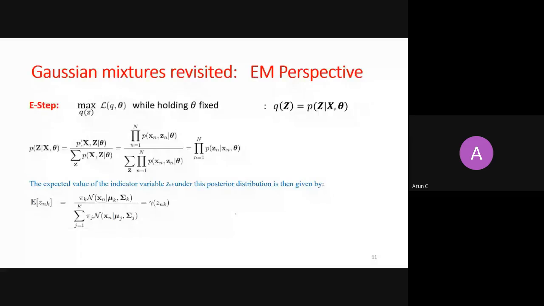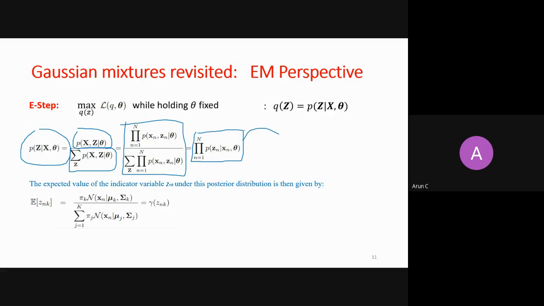What happened? You calculated your posterior probability, right? How did you calculate it? This is your joint probability, and this is your marginalized probability. If you solve them, this is how you can write it. Finally, the joint posterior probability is nothing but the product of the individual posterior probabilities for every sample, right?